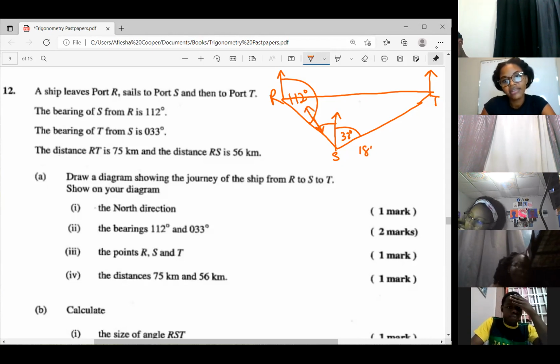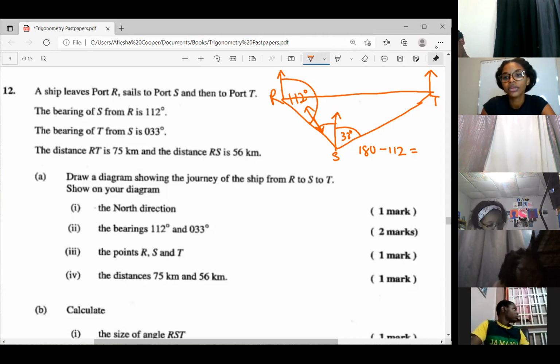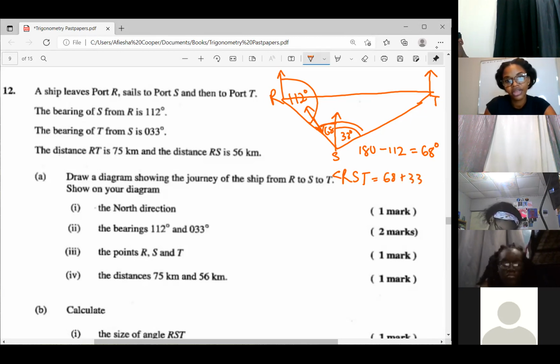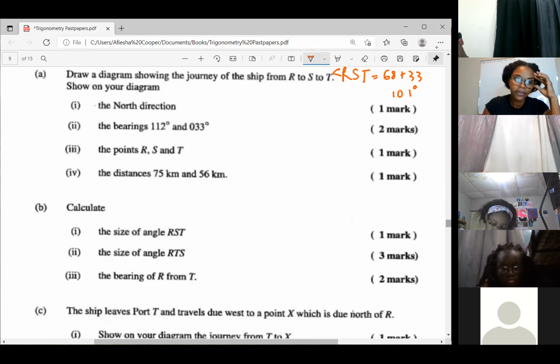So I subtract 180 minus 112, which is 68. And to get the full angle, if here is 68 and here is 33, angle RST is 68 plus 33, which is 101 degrees. Any questions there? So always look for those co-interiors.